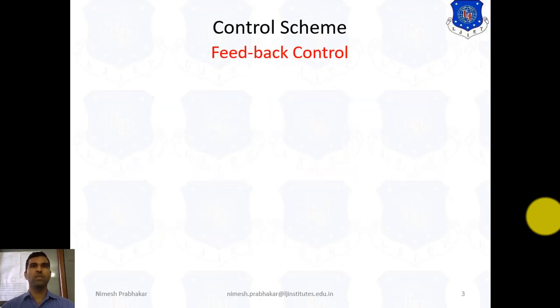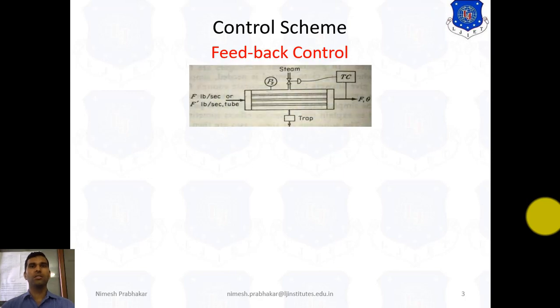The first control scheme is feedback control. Here we study three main control schemes: feedback control, cascade control and feedforward control. To understand feedback control, we take a shell and tube type heat exchanger as an example.